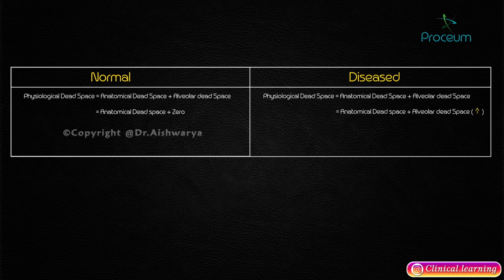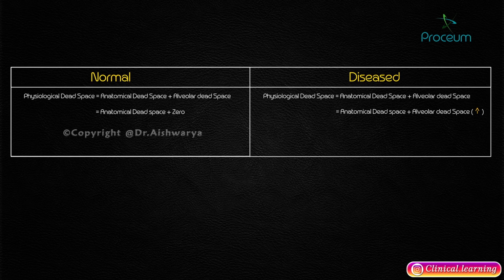So in general we can say that the normal volume of gas in non-perfused alveoli, and any volume of air in the alveoli in excess of that necessary to arterialize the blood in the alveolar capillaries, is part of the alveolar dead space. So the physiological dead space is equal to the anatomical dead space plus the alveolar dead space.